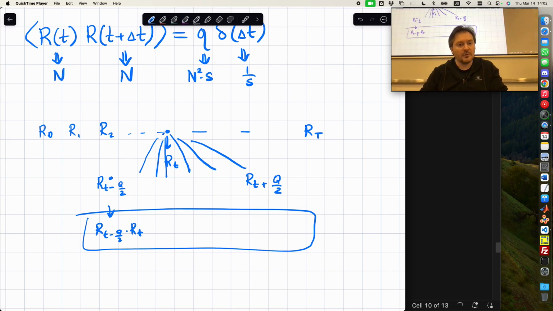What do we expect to get? Here, 0. In this case, 0. Here 0, here 0, everywhere 0, except for here when it's Rt squared.